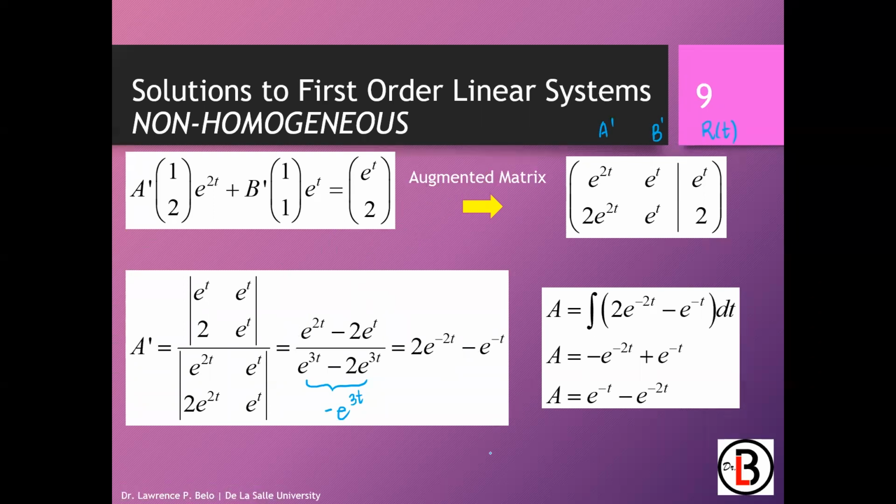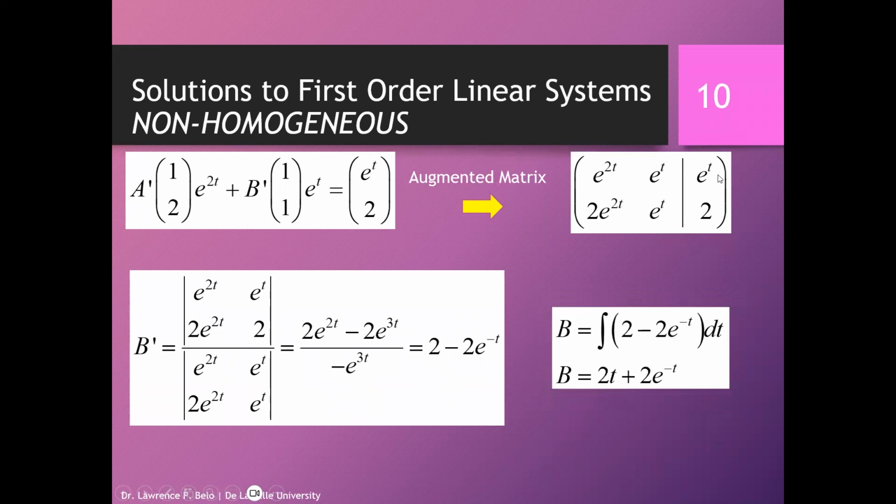For example, in Cramer's rule, x would be the determinant with x replaced over the determinant D. Y is the determinant with y replaced over the determinant D. So, eto, ni-replace ko yung A, kaya, let's just say X. Yung column ng X or yung column ng A, ni-replace ko siya by this, the coefficient.